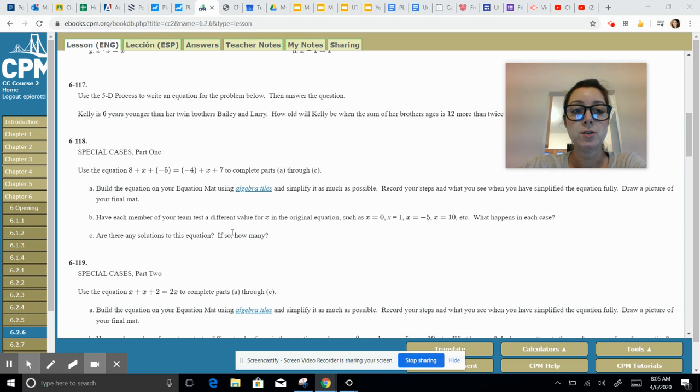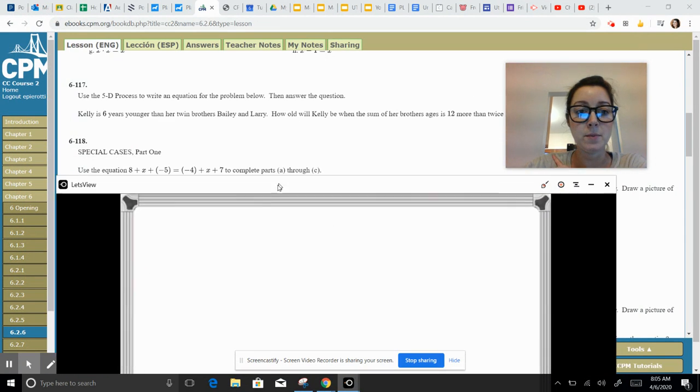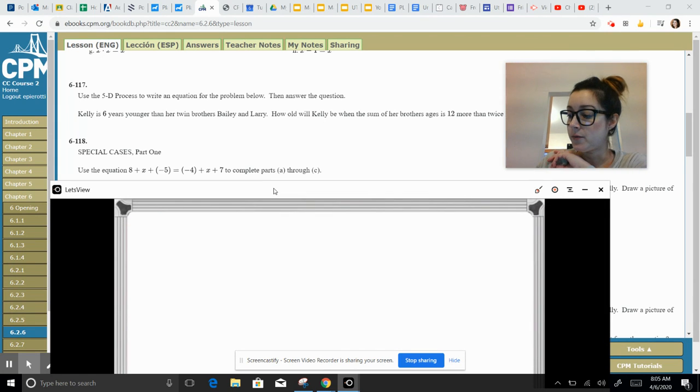So I would like you to look at 6-118, and we're going to look at this equation first. So I'm going to pull up my iPad. This is what I've been writing in my notebook, for 6-118 part A, and this is what you will write in your notebook as well.